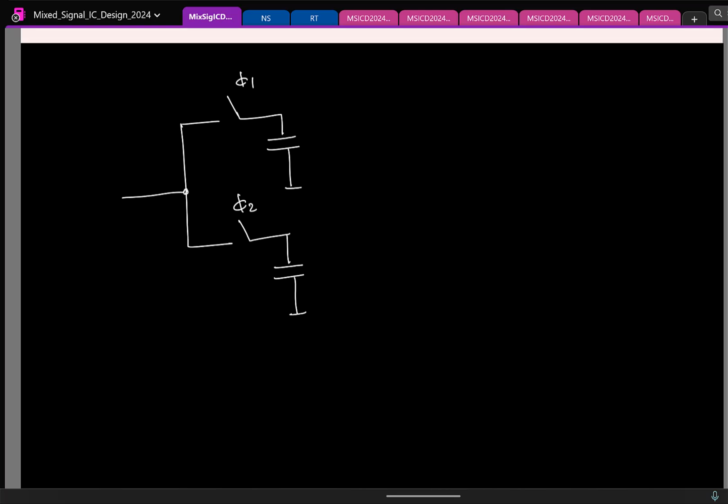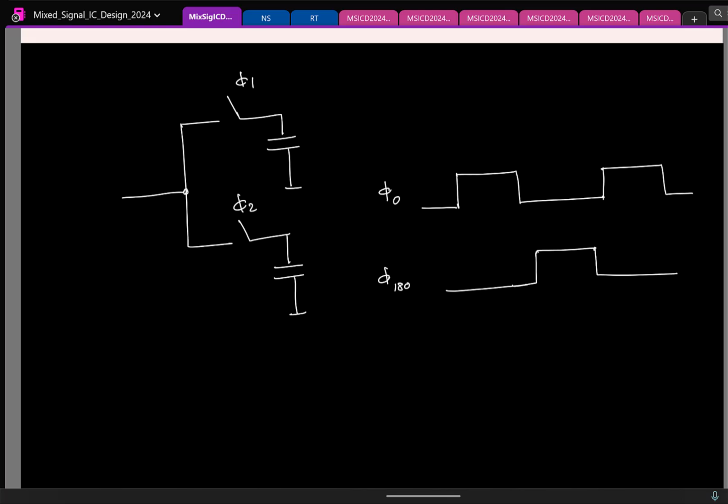Again, the clock phases are the same as before. In mixers, we don't call it phi 1, phi 2. We usually denote them as phi 0 and phi 180.